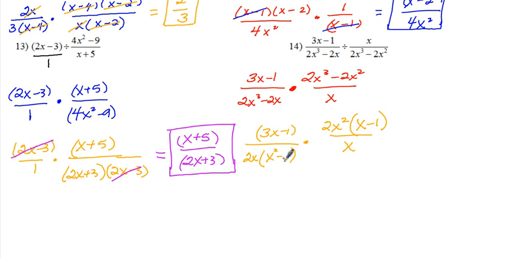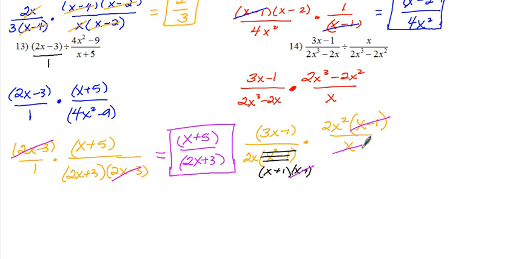So let's further factor that into x plus 1 and x minus 1 on the bottom here. If you need to rewrite the whole thing instead of saving space, that's fine. Now that I have this fully factored, I'm going to start crossing things out. So this x minus 1 and this x minus 1 cancel.